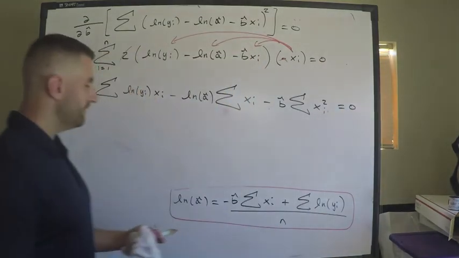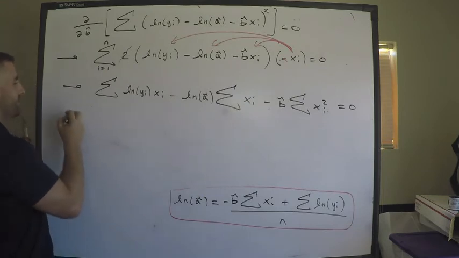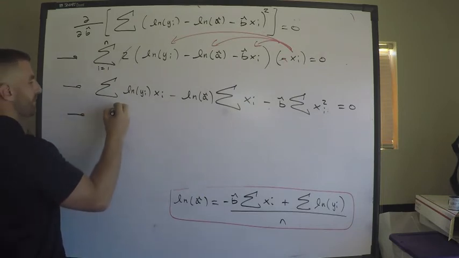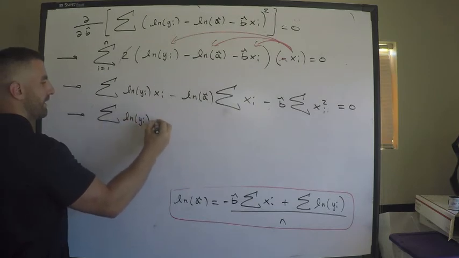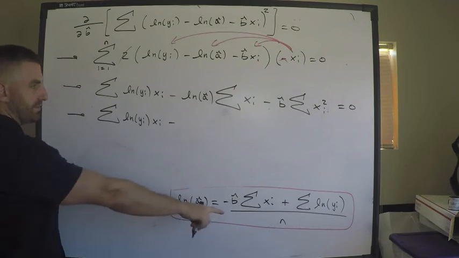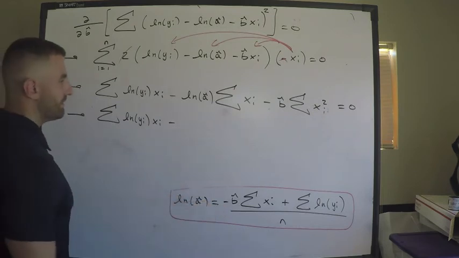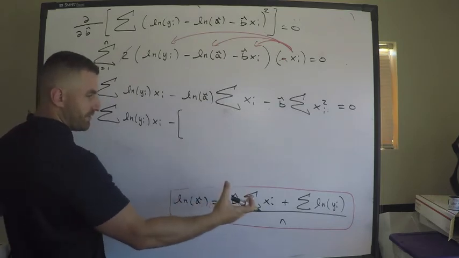Now I need to make a substitution for what ln of a hat is. So now this gives me, same thing here, the sum of ln yi xi minus, now what is ln a equal to? It's equal to this stuff, so let's throw that in there. I'm just going to reverse the order.